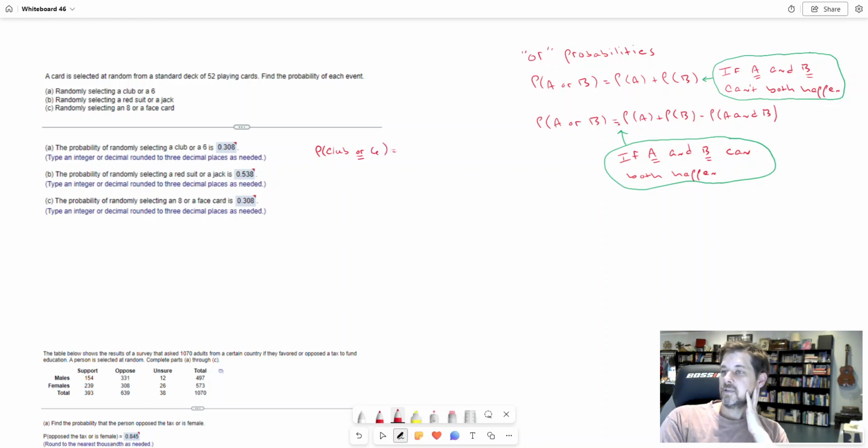I would do the probability of drawing a club at random from the deck, plus the probability of getting a six, and then minus the probability of drawing a card that's both a club and a six.